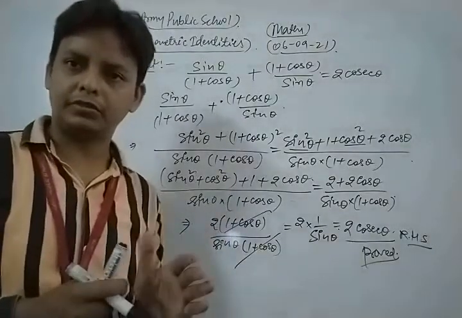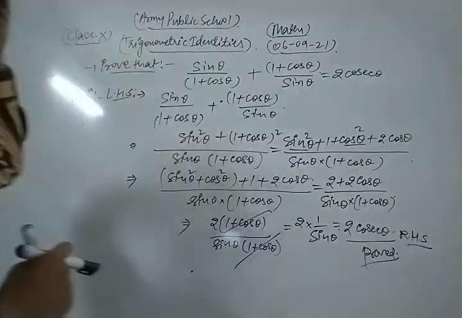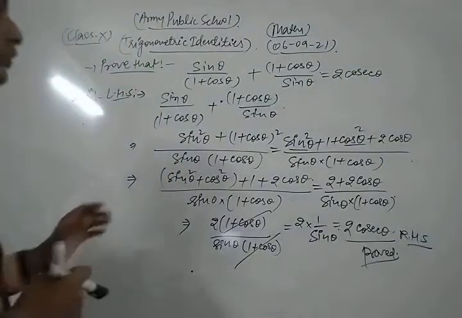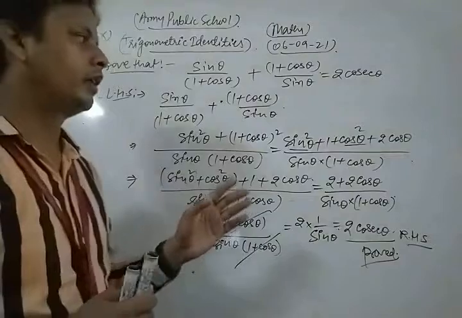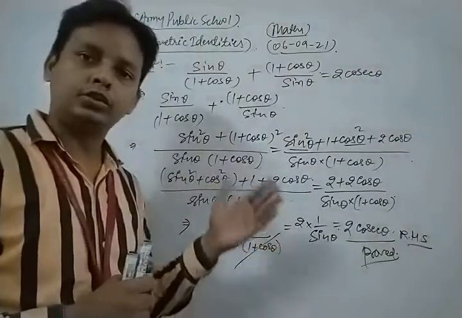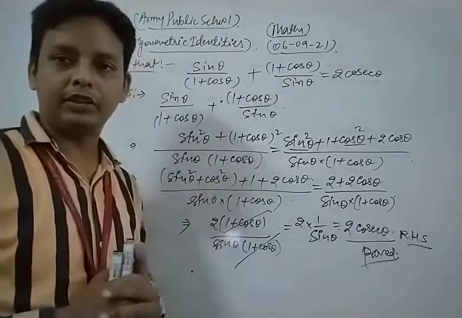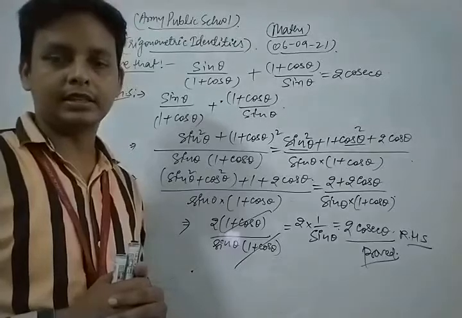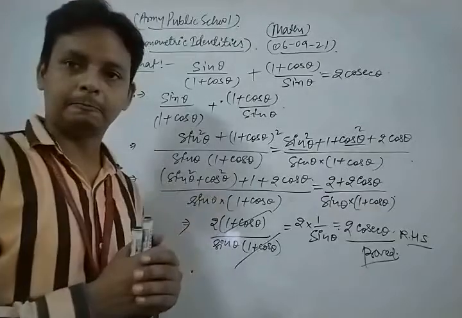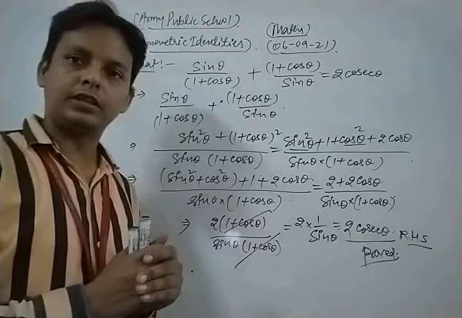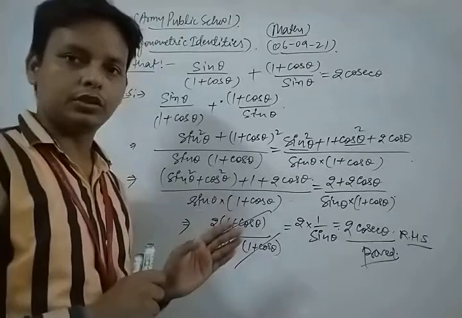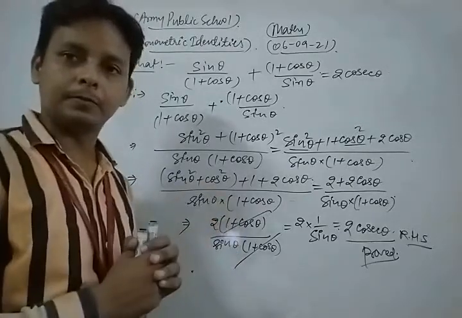So please, dear students, do more and more practice of this type of question. After that, you can solve each and every question of your NCERT exercise based on these topics, because these are very important questions of your syllabus.